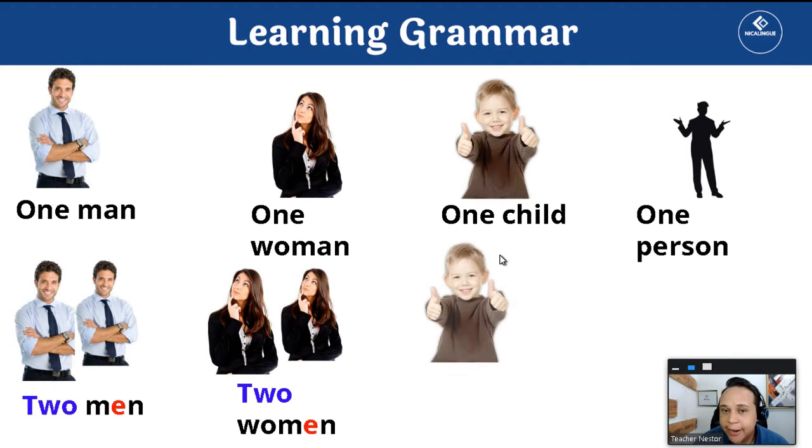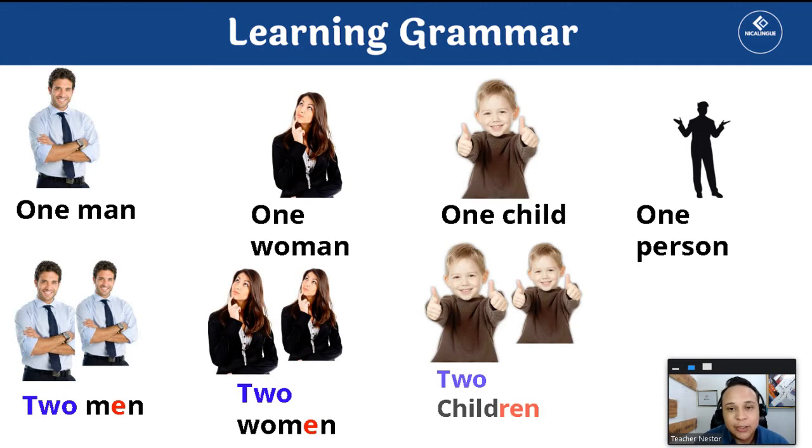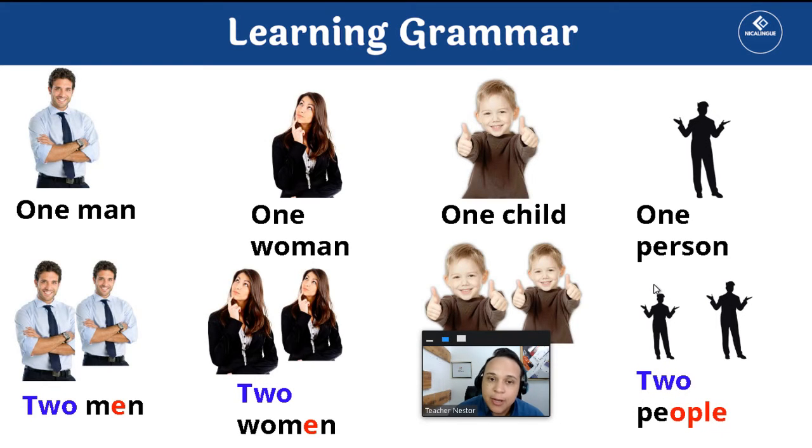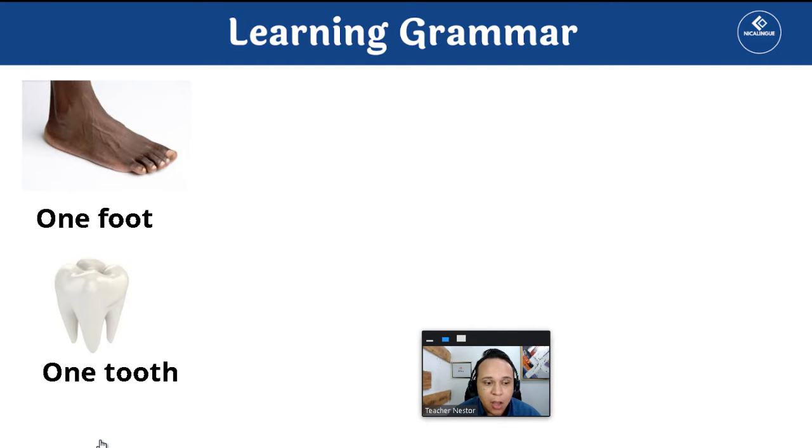One child, two children. One person, two people. And we have more examples.